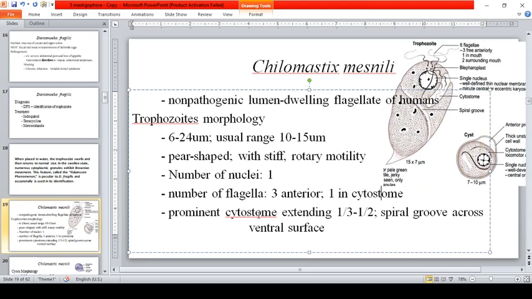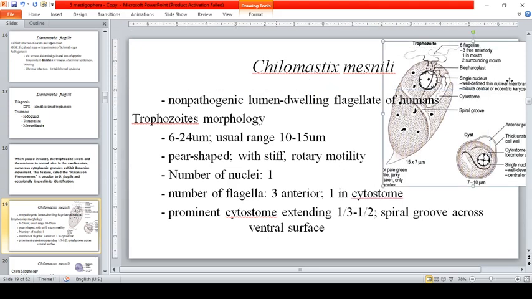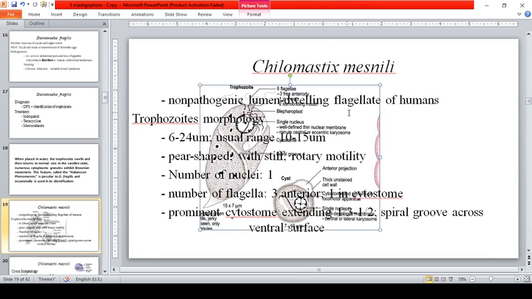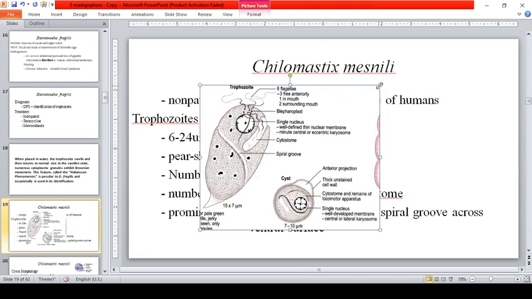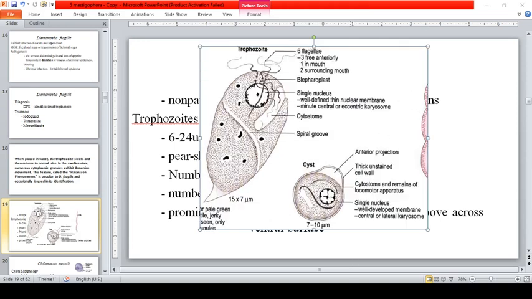So, prominent cytostome extending one-third or one-half, with a spiral groove along the ventral surface. So, let's check this one, and let's bring that to front. Para mas clear. Guys, take note of this one. Our instructor before referred to this as the sash.